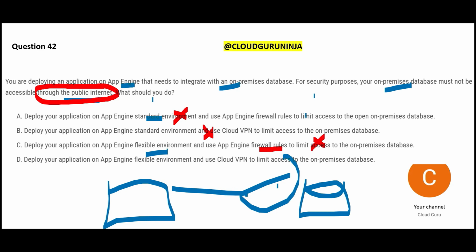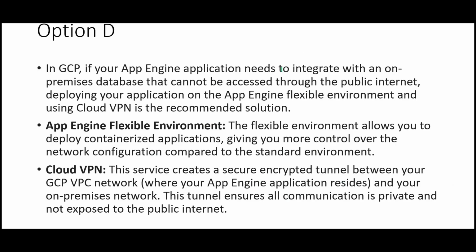And option D says you deploy the flexible environment and use Cloud VPN to limit the access to the on-premises database. So you need to integrate with an on-premises database that cannot be accessed through the public internet. Cloud VPN is better. Why? Because the App Engine flexible environment allows you to deploy containerized applications and gives you more control compared to standard.